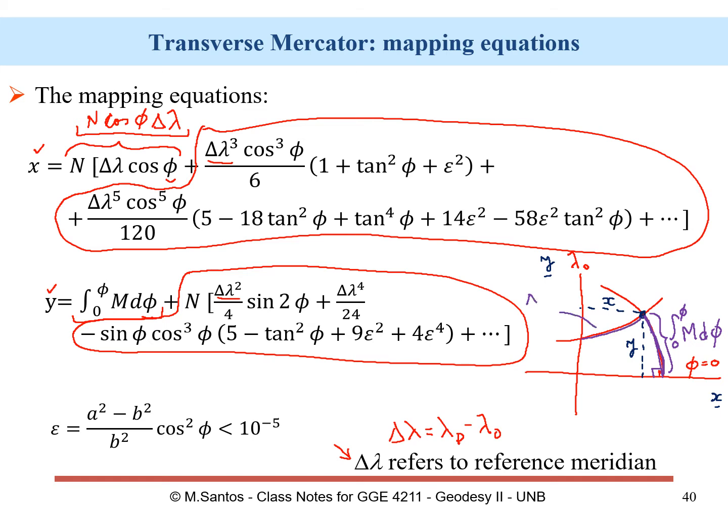It is N cosine phi delta lambda. So all the other terms represent terms that will essentially take these quantities and have them represented along the grid system.